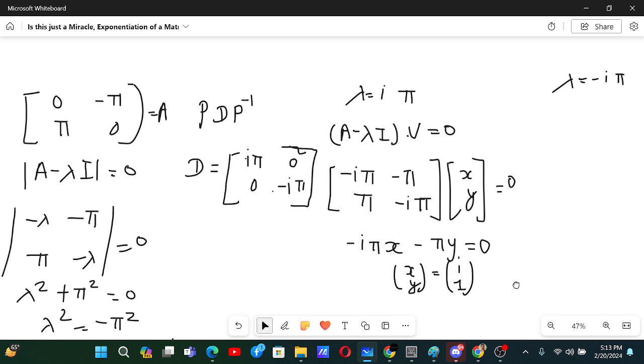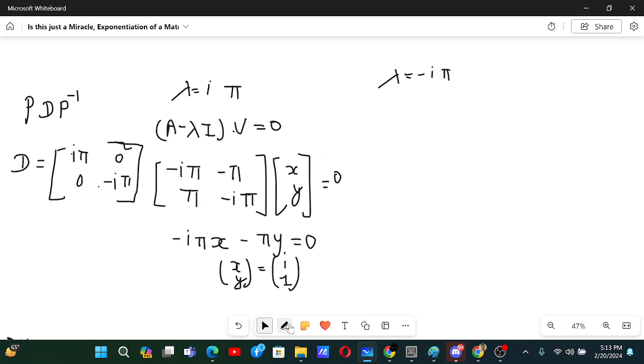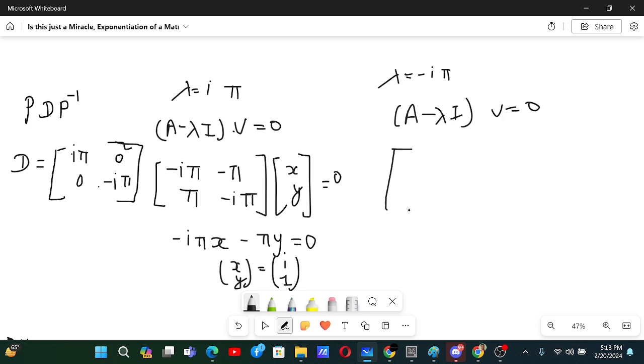We get one of the eigenvectors. And for the next eigenvector, again A minus lambda I times b equals 0. Now our lambda is minus i pi, so i pi only, minus pi, pi, and then i pi, and then our b, let it be xy, is equal to 0.